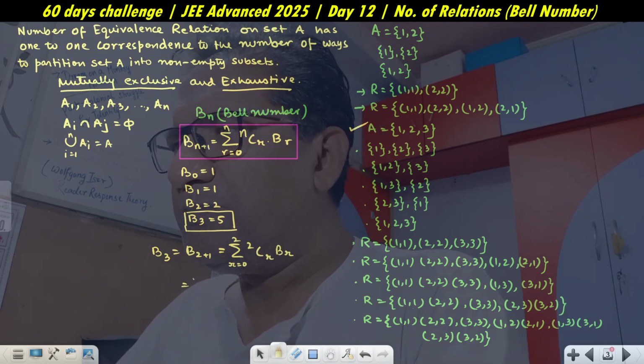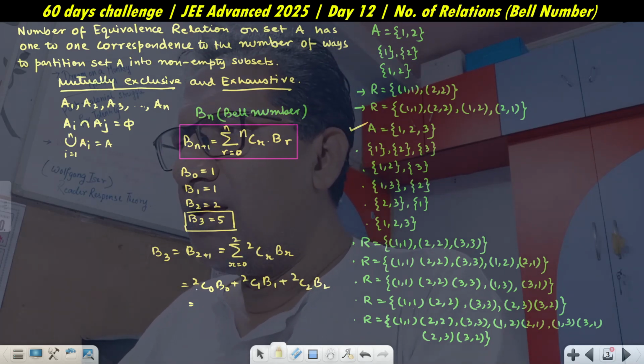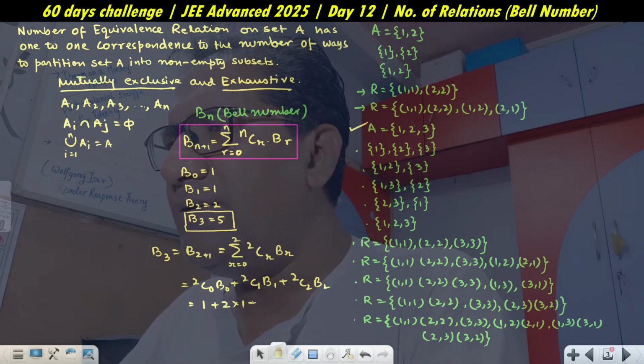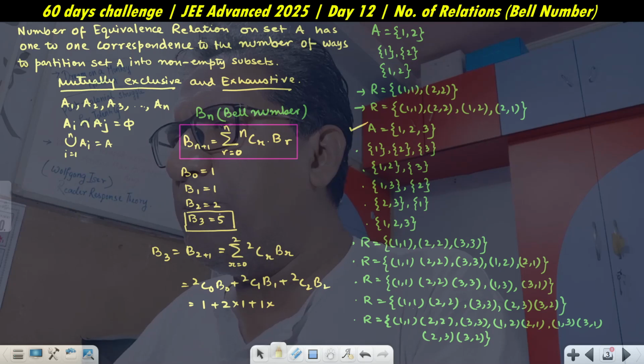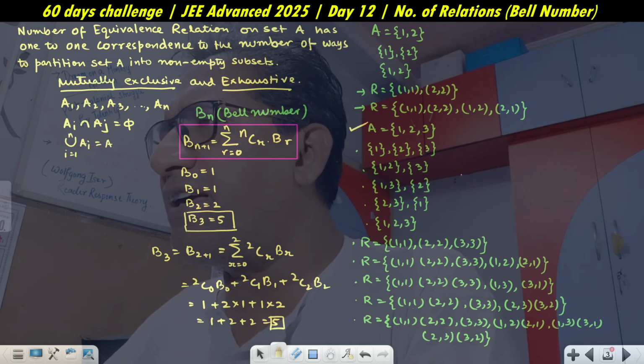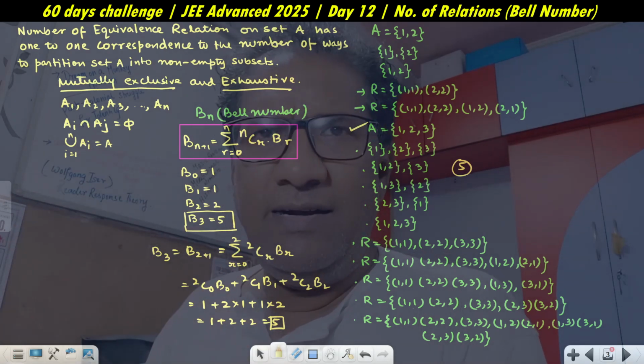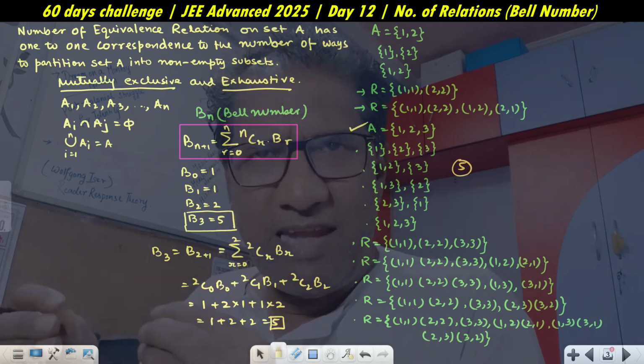So it will be 2C0 B0 plus 2C1 B1 plus 2C2 B2. 2C0 is 1, B0 is 1, 2C1 is 2, B1 is 1, 2C2 is 1, and B2 is 2. So we are getting 1 plus 2 plus 2. You see, we are getting the answer as 5. The same result we got here. Is it clear?